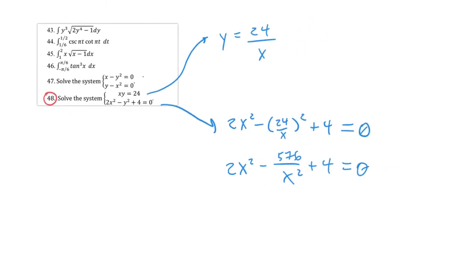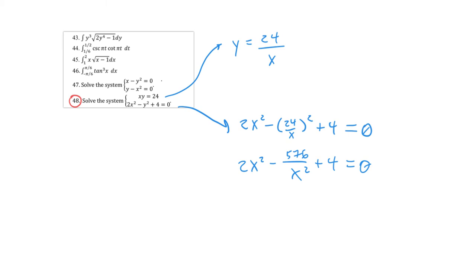At this point, I do not see any reason why we can't just multiply everything by x squared now, because we're going to want to knock out this denominator. And that is precisely what would happen. These would get canceled. This would become 2x to the fourth minus 576 plus 4x squared, and that's going to equal 0.